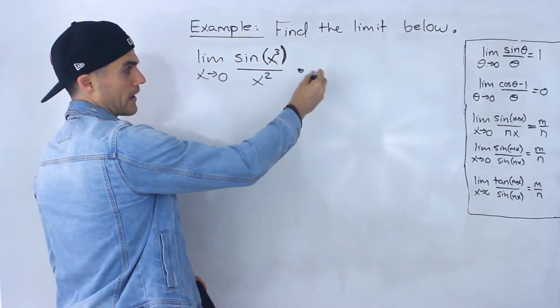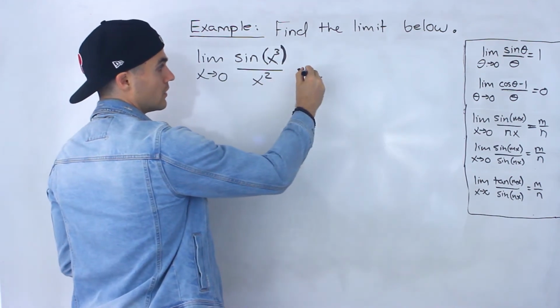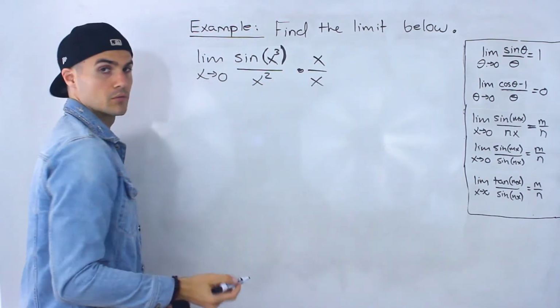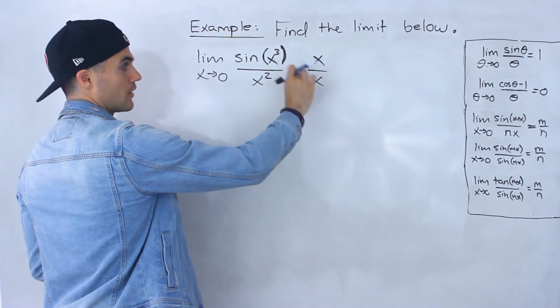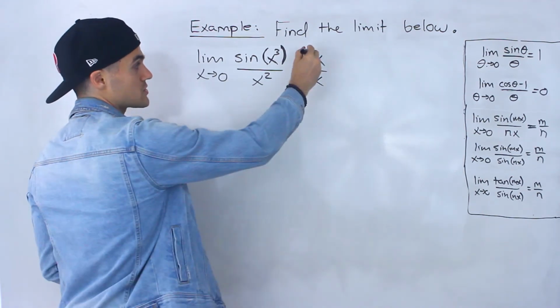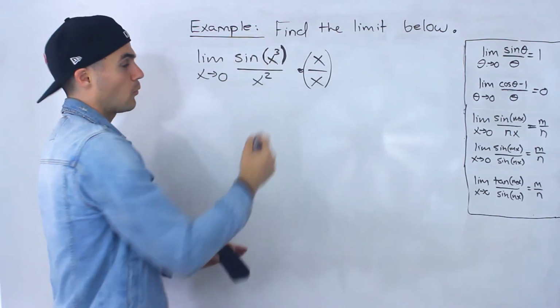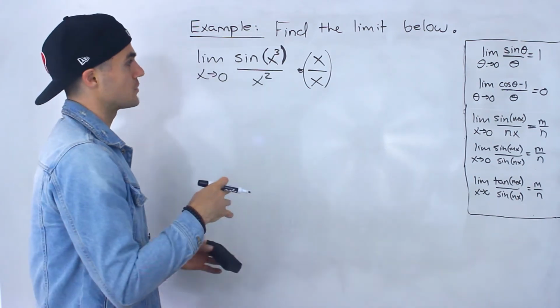However, we can't just randomly multiply an x inside the denominator. We also have to multiply the numerator by an x, right? Whatever we multiply the numerator or denominator by, we've got to multiply the opposite by it as well. So it's like we're multiplying this expression by 1, which keeps it the same. It's just we're adding more onto it.